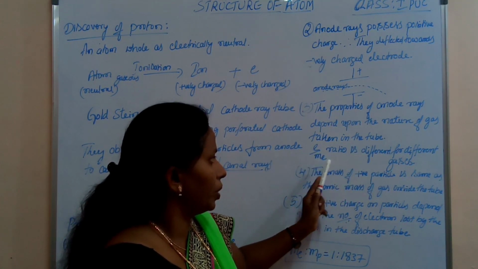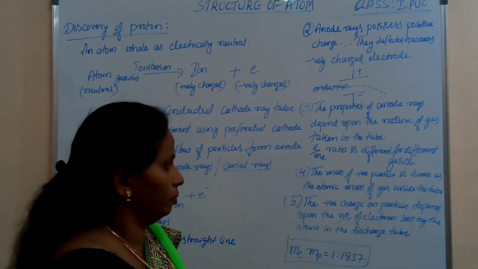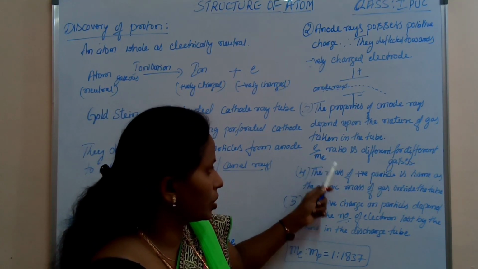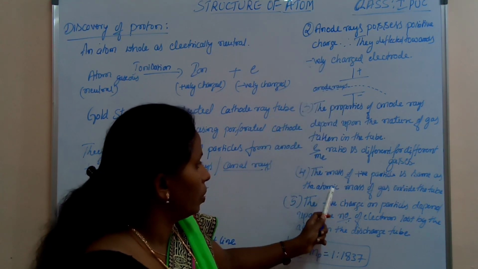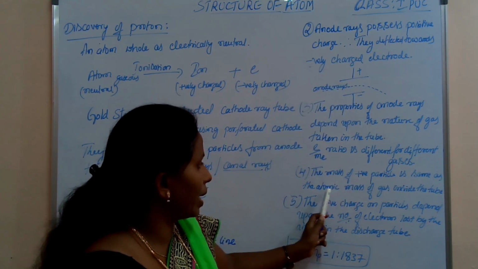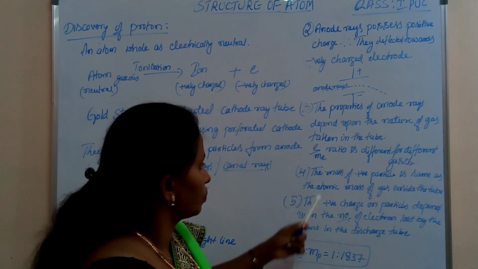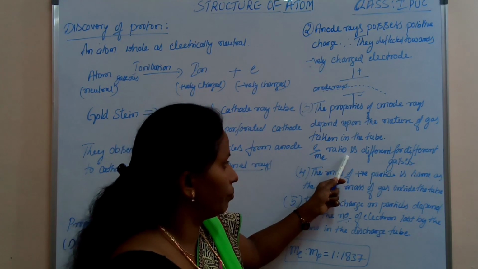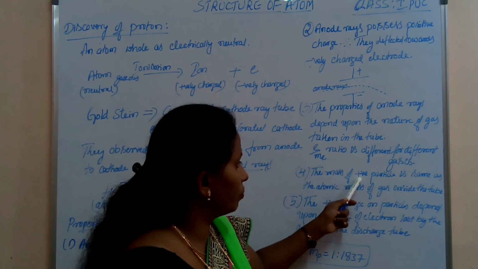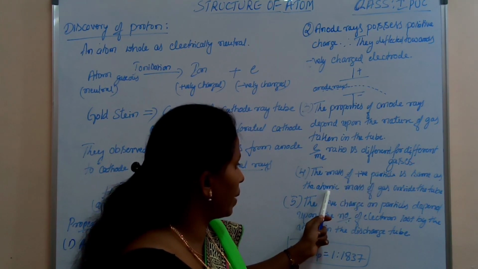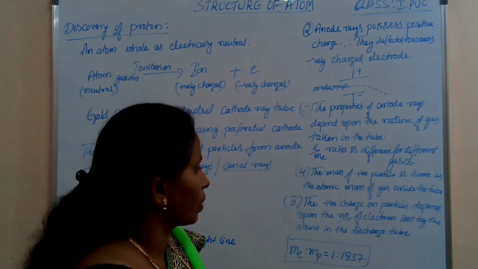The e/m ratio is different for different gases, and the mass of the positive particle that forms is the same as the atomic mass of the gas inside the tube.